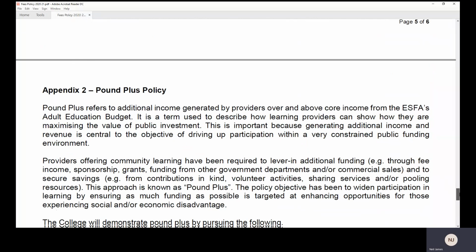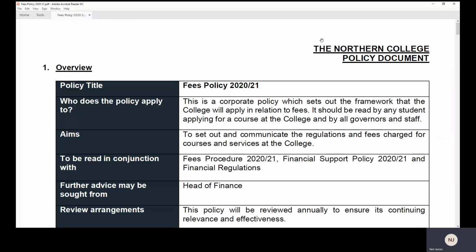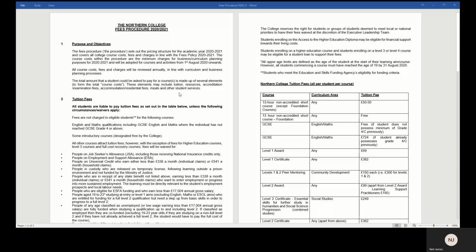I'll now move on to the fees procedure document that ties in with this and gives you more detail about each area and the actual pricing. Just a quick run through this.